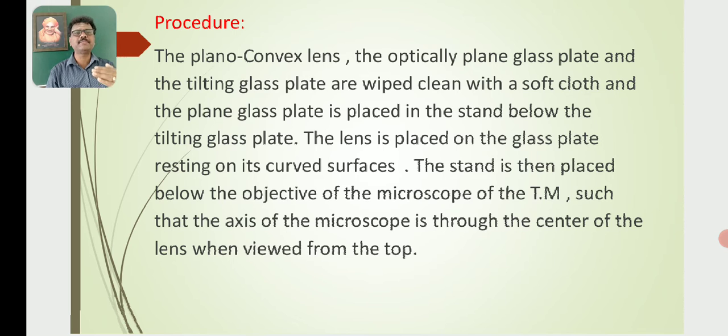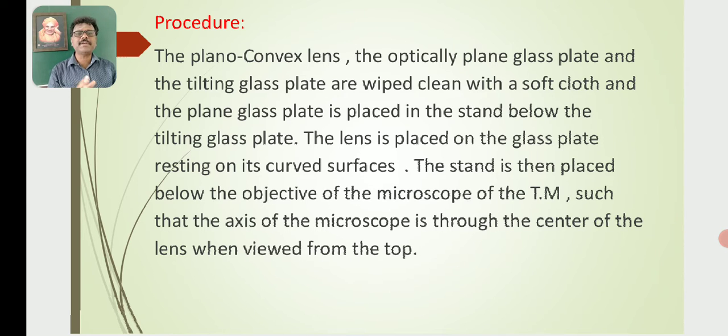Then the lens is placed on the glass plate, resting on its curved surface. That means the curved surface of the plano-convex lens is in contact with the glass plate.